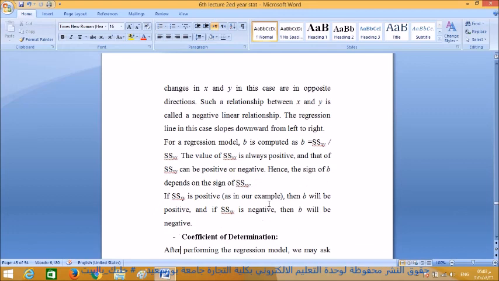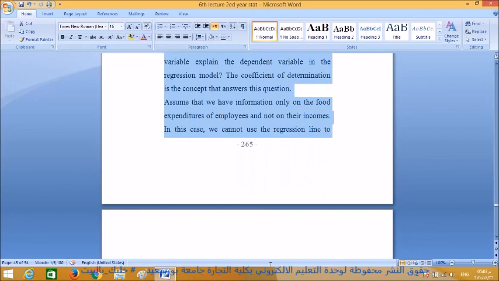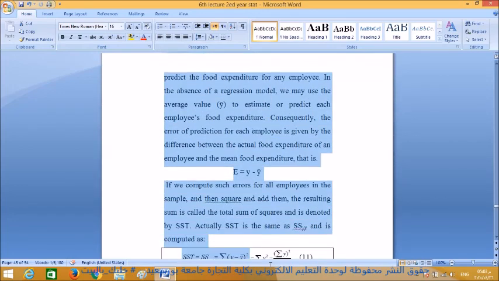So now we will stop here and cancel the coefficient of determination and any title after it. So we have to cancel from the coefficient of determination to the end, like this.